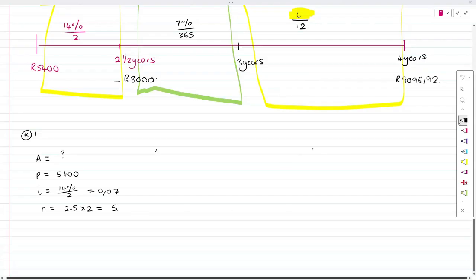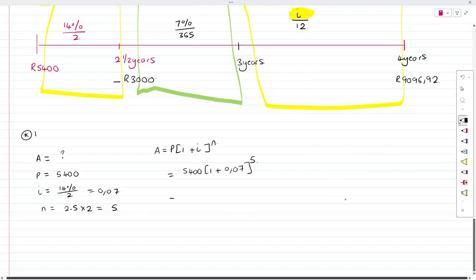Now, if we do the calculation, A equals P. It's an investment, so we know the money is increasing. This is 5,400 into 1 plus 0.07, to the power of 5.